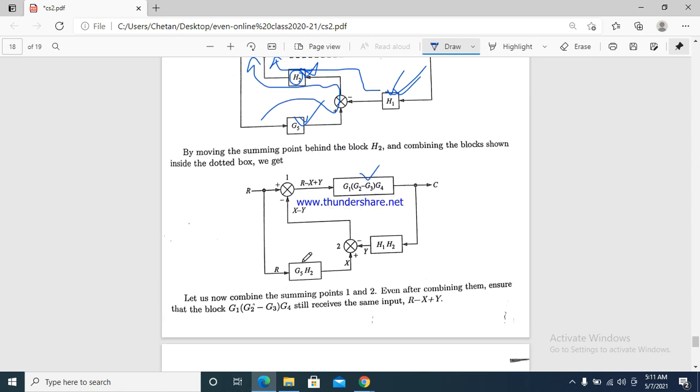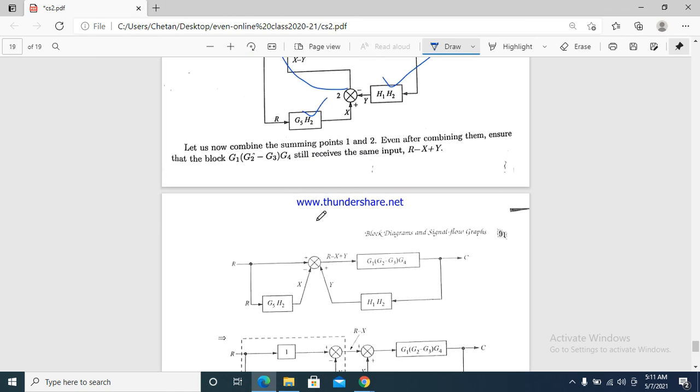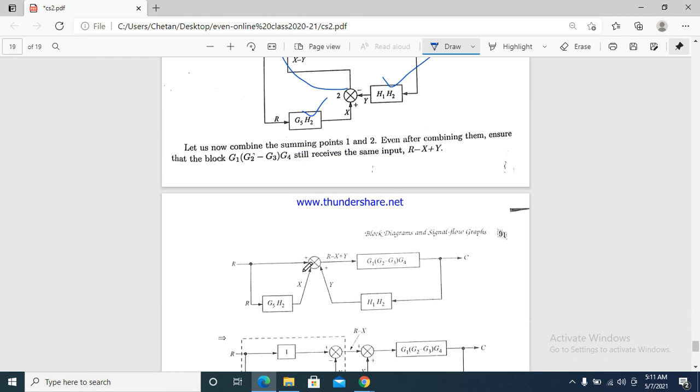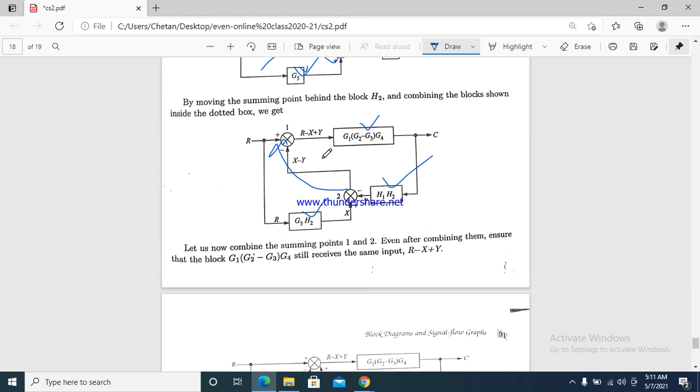The same thing they have done. Next, they will shift the summing point here. Instead of having a separate summing point, they can shift like this. See, here you can see minus sign, plus into minus, you will get minus. Next this minus into this minus, you will get plus.